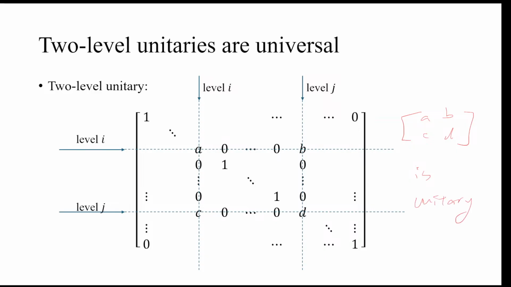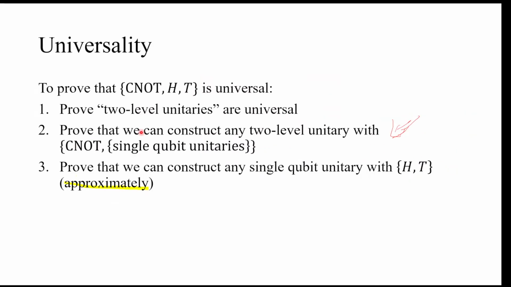So this is a two-level unitary, and going back a little bit, we are going to prove that two-level unitaries are universal. Okay, this class. Let's take a 10-minute break here, and we'll start at 4:25.